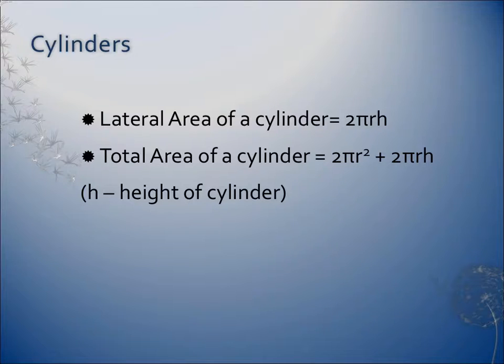Now remember when we did the prisms, for the prisms the lateral area was perimeter times height. And if you remember your circumference formula, this 2 pi r is really the circumference of the circle. And that's how we would form our lateral area.